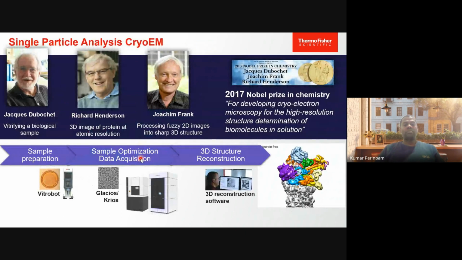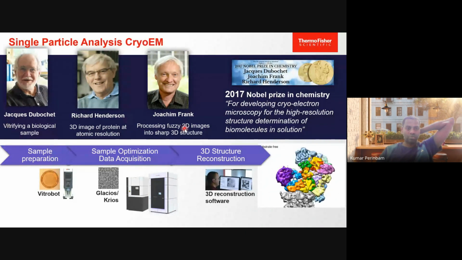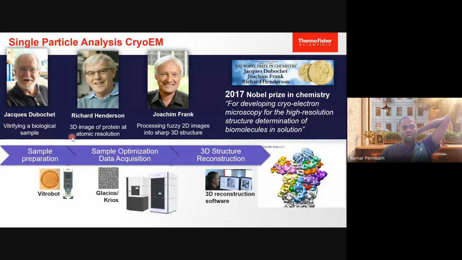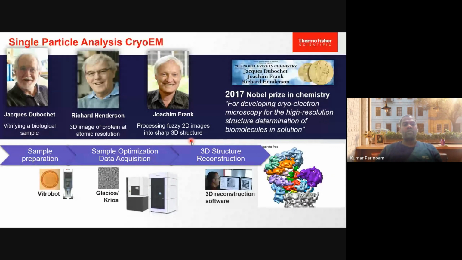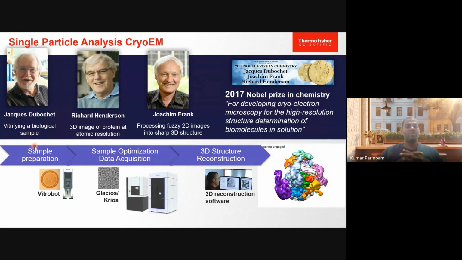The three major people who have been involved in the development of cryo-electron microscope are Jacques Dubochet, Richard Henderson and Joachim Frank. All three of them took part in the three major areas of the development of cryo-electron microscope. Jacques was involved in vitrifying the biological sample, so credit goes to him.